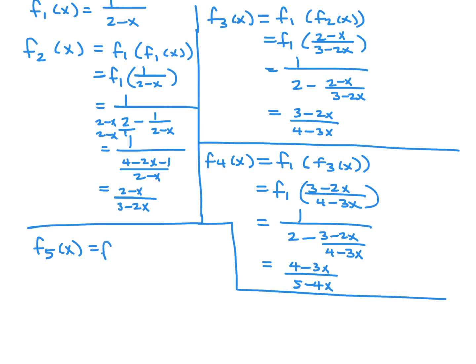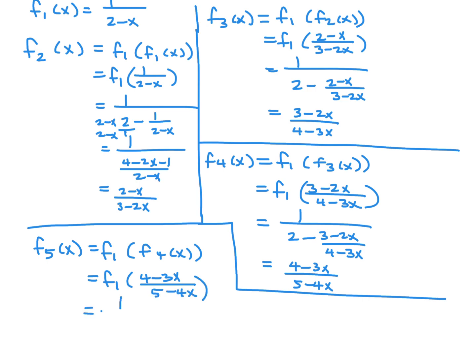That it would be f1 at f4 at x. And that is 4 minus 3x over 5 minus 4x.